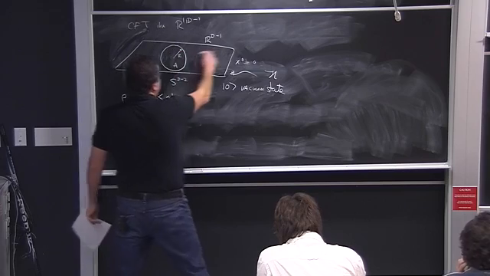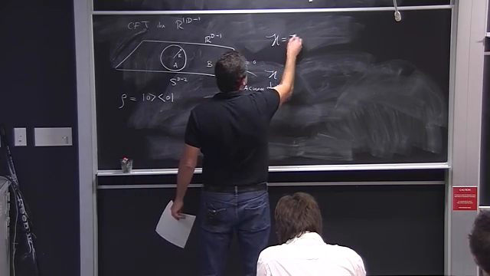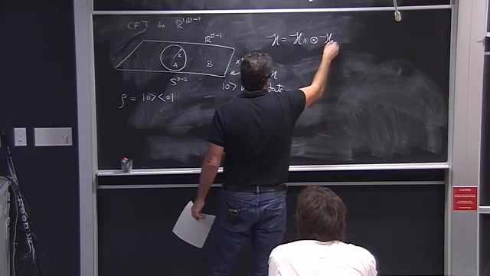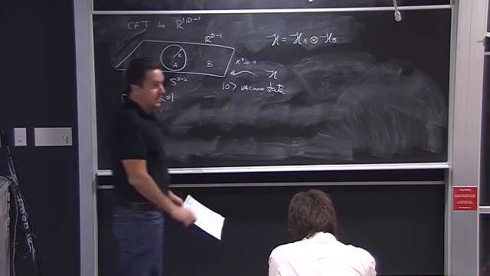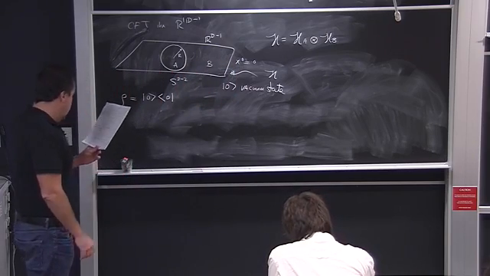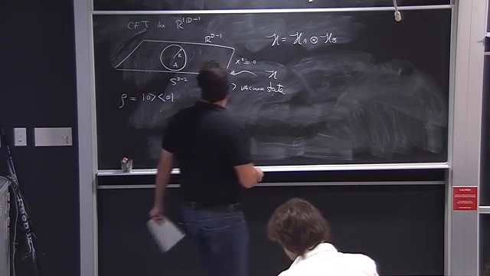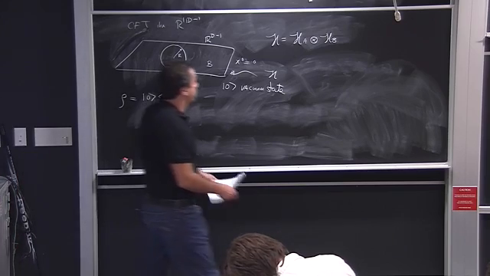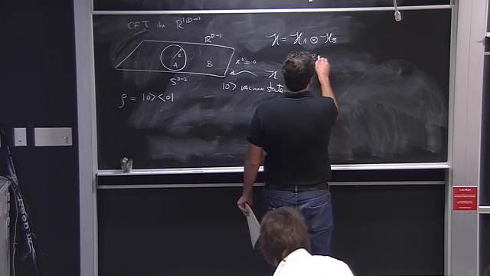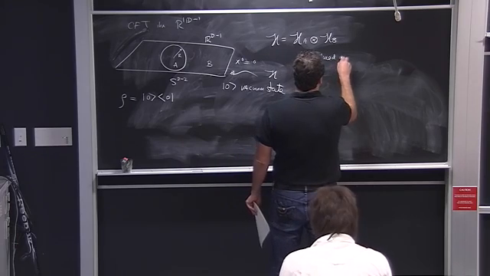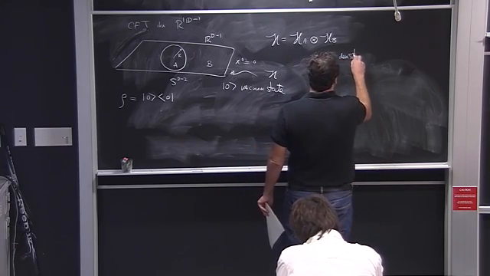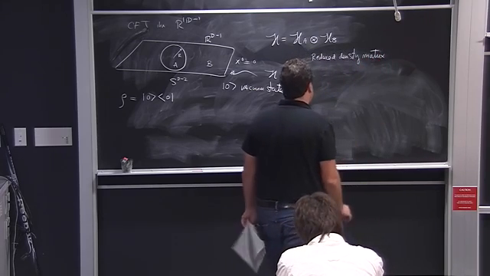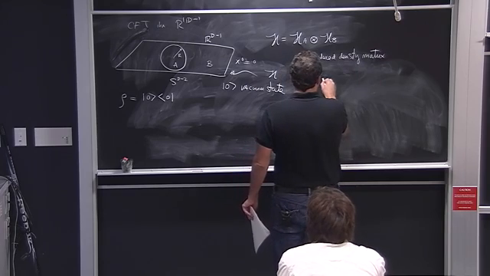Now, the Hilbert space in this temporal slice can be split into the Hilbert space in region A and region B. That's essentially some assumption of locality. And then this guy lives in the full Hilbert space. So what we can define is the reduced density matrix rho A, for example.